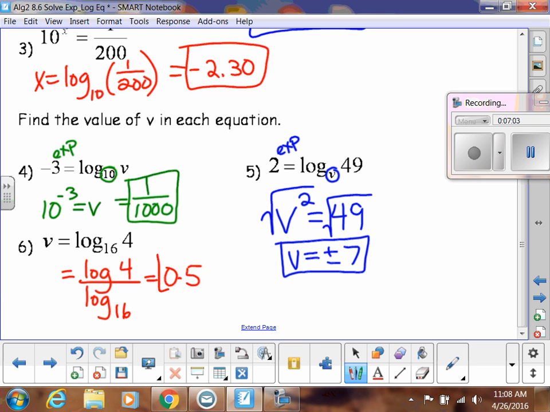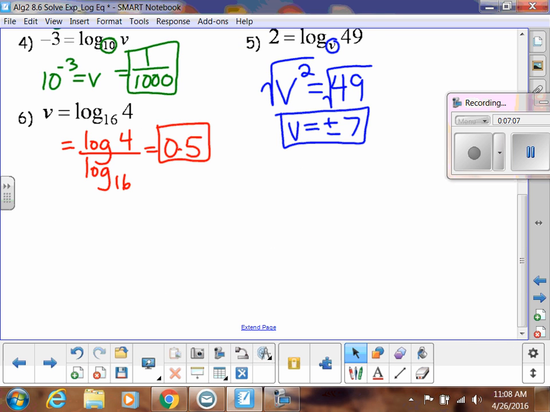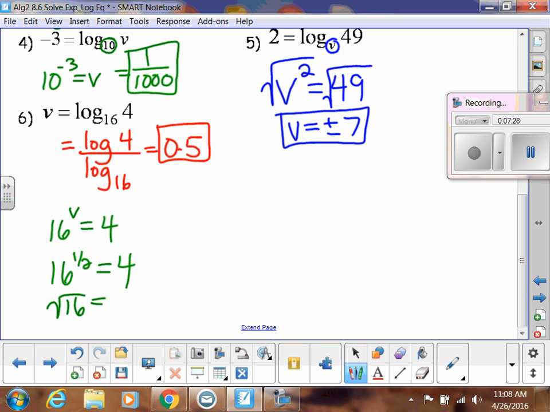Now another option that you can do, since this one is very easy to do, you can switch it into exponential form and say 16 is my base, v is my exponent, and that's equal to 4. So 16 to what power equals 4? That would be 16 to the 1/2 power, or to the 0.5 power. Remember, the half power is like the same thing as doing the square root of 16. Okay, so a little reminder there if you wanted to do that without your calculator.